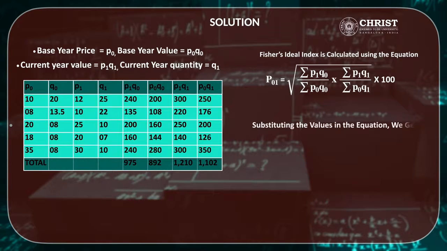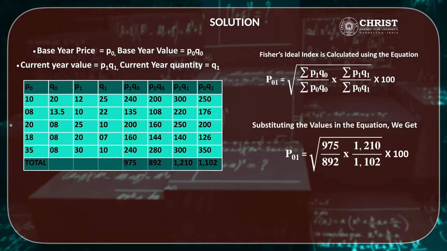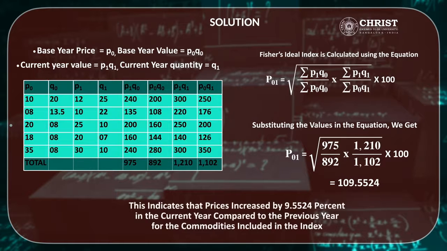The index is root of 975 divided by 892 into 1210 divided by 1102, into 100. So you are getting the index value as 109.5524. This indicates that prices increased by 9.5524% in the current year compared to that of the base year for the commodities included in the index.